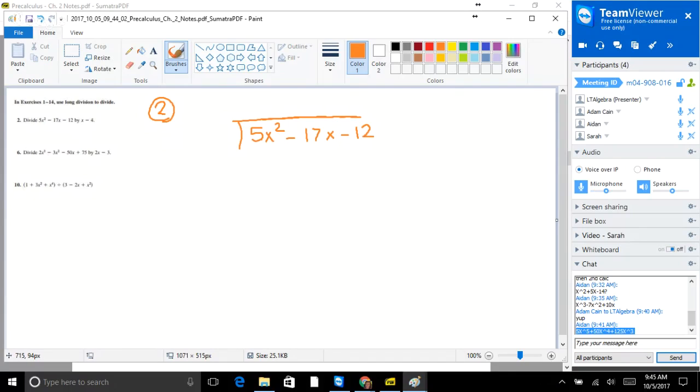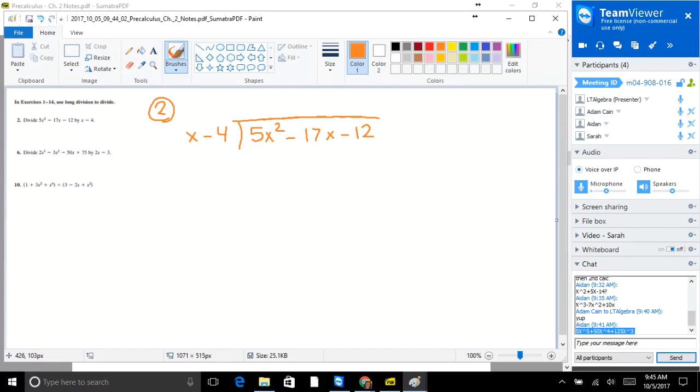So we have 5x squared minus 17x minus 12, and we are dividing that by x minus 4. Thankfully, the process of polynomial long division is the same as regular long division: you start with the largest value first and see what you can divide in. Once you see it, you'll be all right.